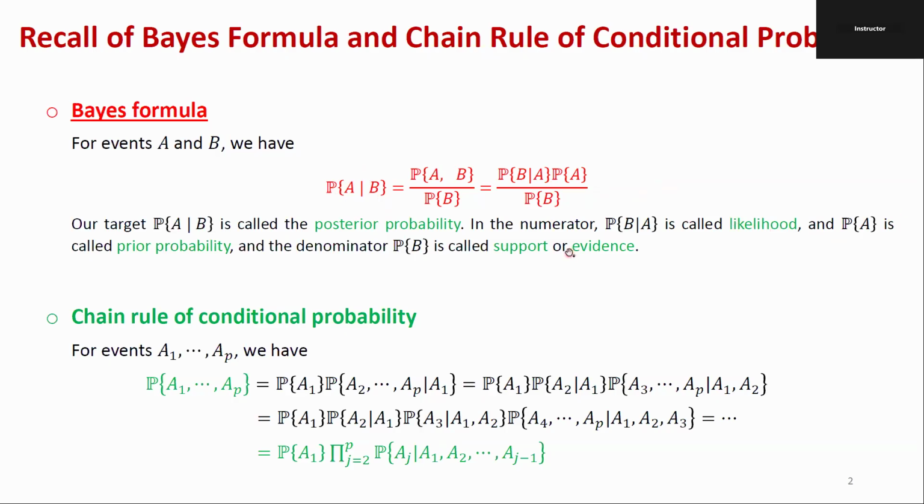Let me give you a very quick example, because I hope everybody can understand the meaning behind the formula instead of just the mathematical notation. It's actually something like a philosophy. Let me give you a very simple example.